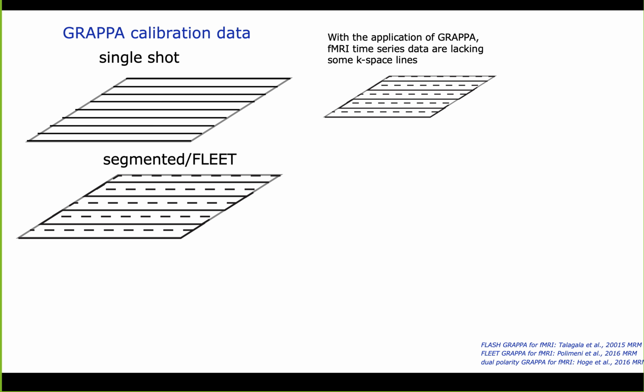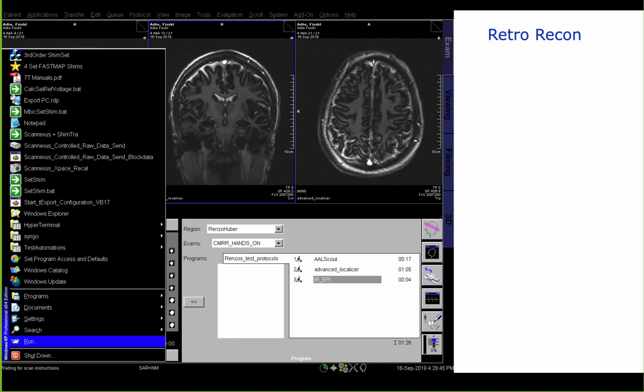Okay, all right, let's talk about retrospective reconstruction. As soon as you have acquired your data and maybe your participant already went home, and maybe you find out that you reconstructed with the wrong parameters, you can still reconstruct retrospectively.